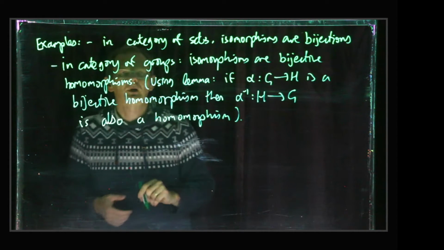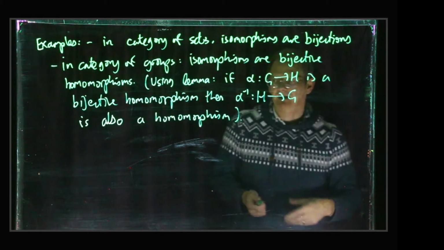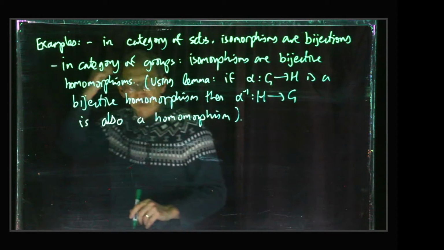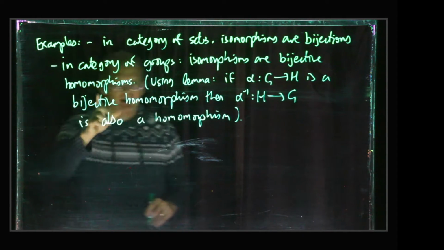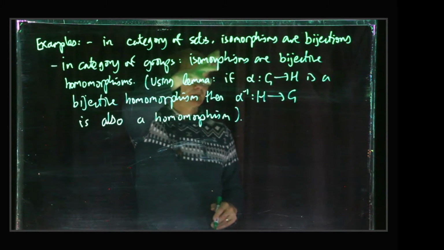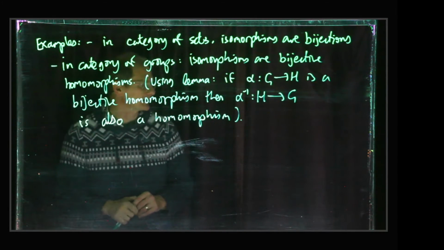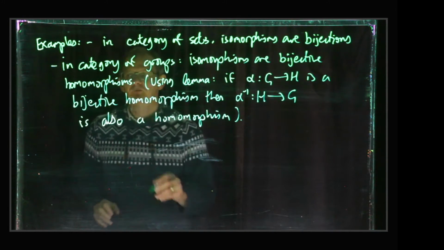Okay, so that's not 100% obvious, but it's a fairly easy exercise, a standard fact. And using that, it's easy to see that the isomorphisms are exactly the same as the bijective homomorphisms.